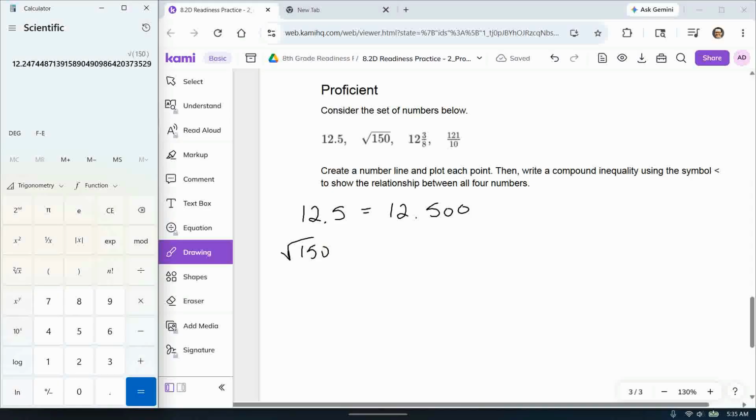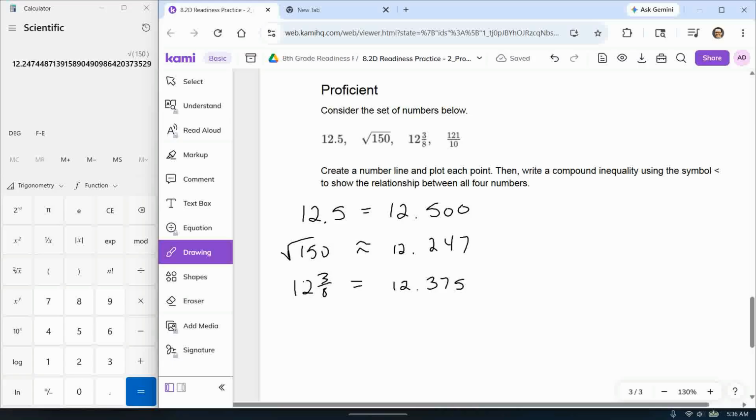All right, so that's going to be equivalent to 12.247. Now look at that, a 4 in the 10,000ths place. It almost made that 7 an 8, but we'll just leave it as 247. It's getting pretty small at that point. So 12 and 3/8 is going to equal 12 and something, and 1/8 is 0.125, so 3/8 is going to be 0.375.